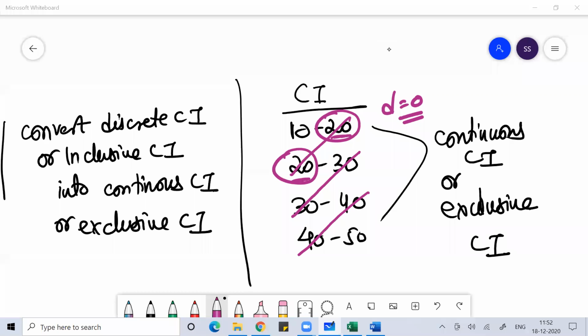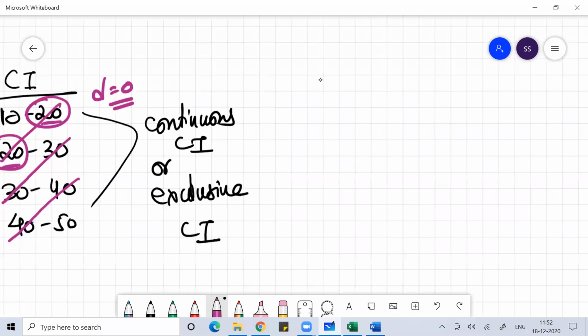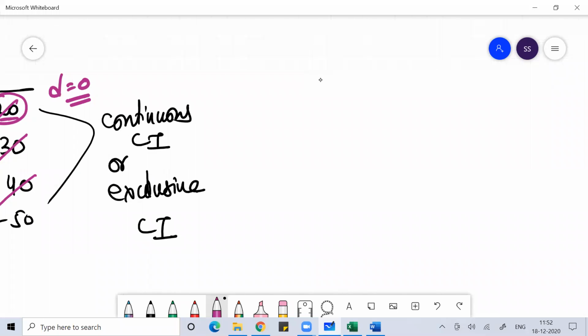So basically, you have to understand that whatever we are discussing, everything we are studying is a normal distribution.